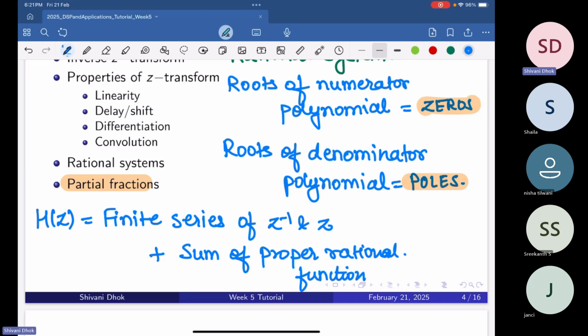We write it in this form and then use the Z transforms of the standard functions to find the inverse Z transform. So this was all that was covered in this first week.